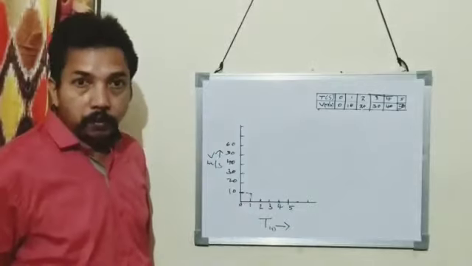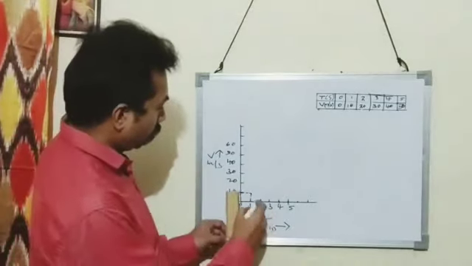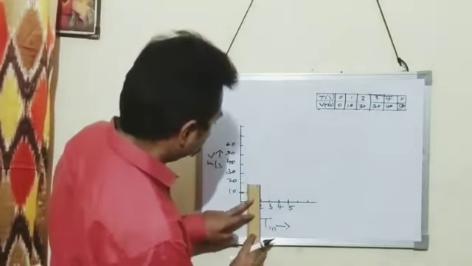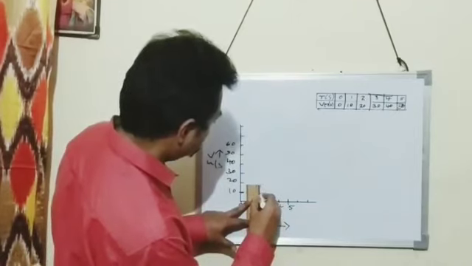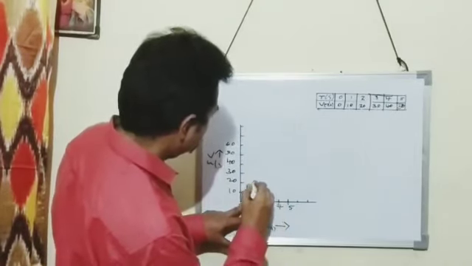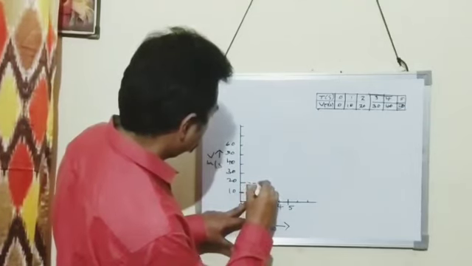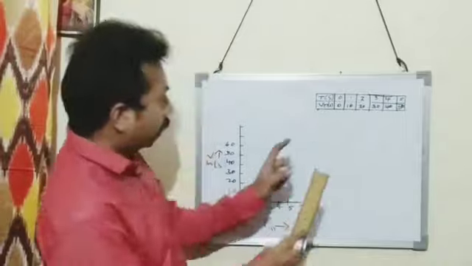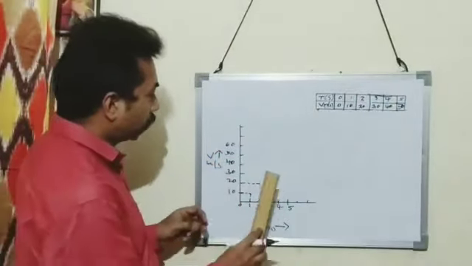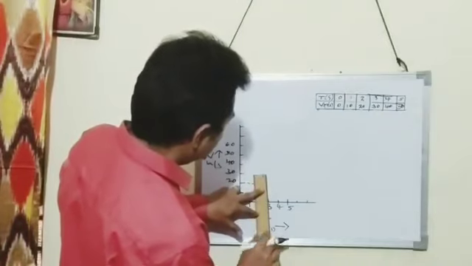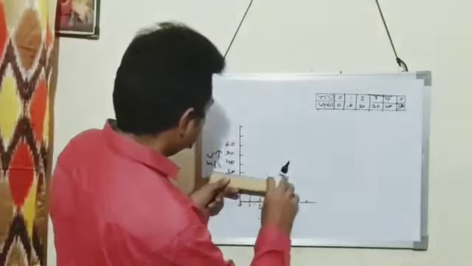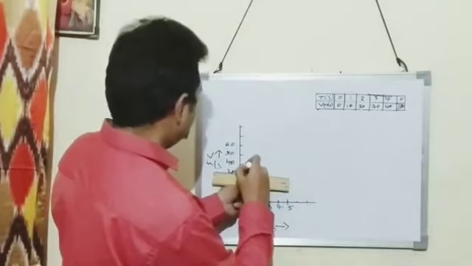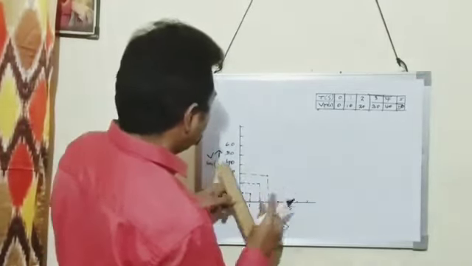Then 2 and 20. Then 3 and 30. Then 4, 40.